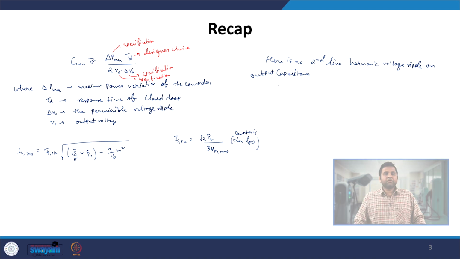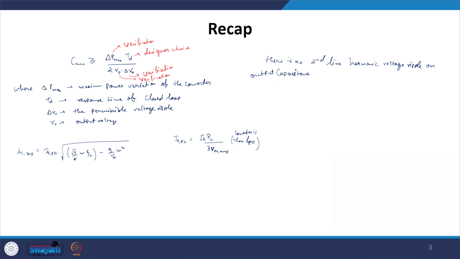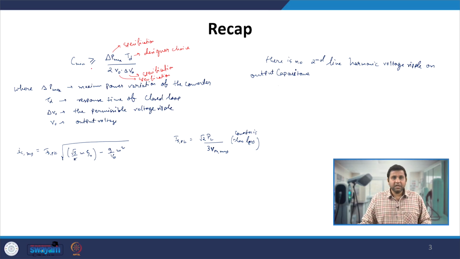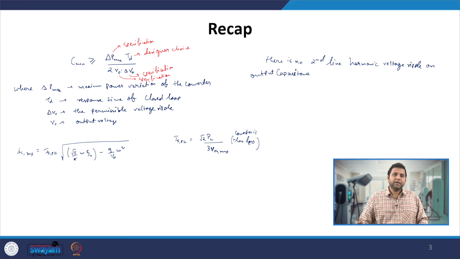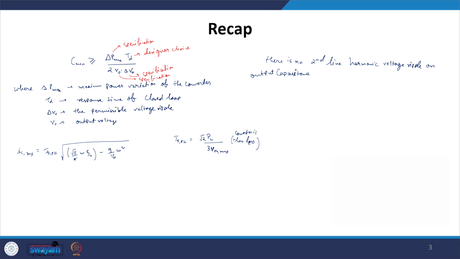And then in order to size this particular capacitor bank, we know the value of capacitance, but along with this we must also know the RMS current which will be flowing through the capacitance. There will be high frequency RMS current at the output of this converter. So we have to calculate the amount of RMS current flowing through the capacitor bank, and that will help us in designing the capacitor bank, that means designing the series parallel combination of capacitors.